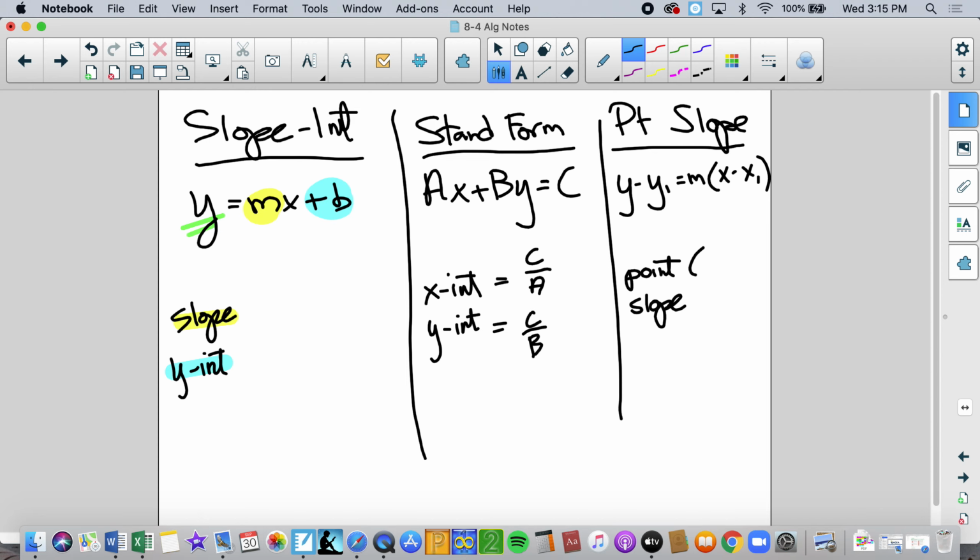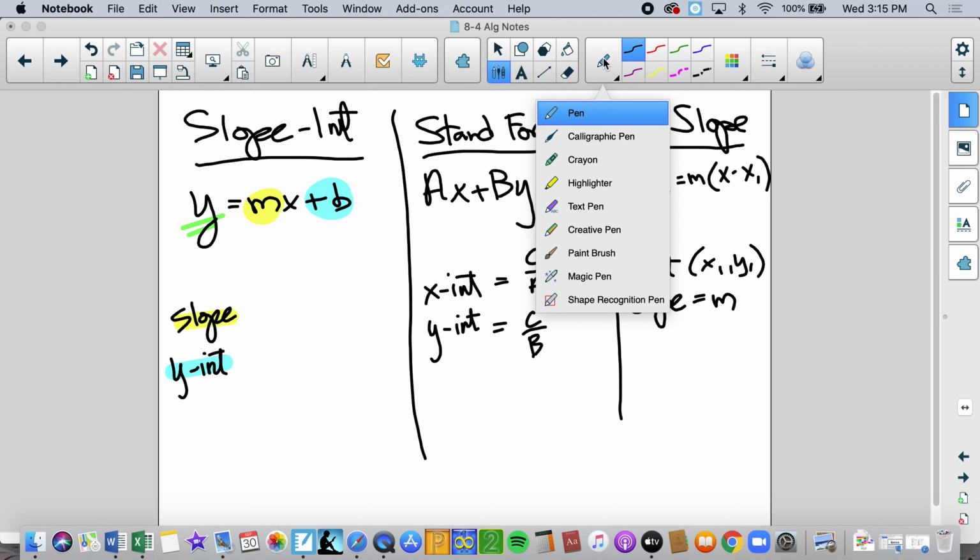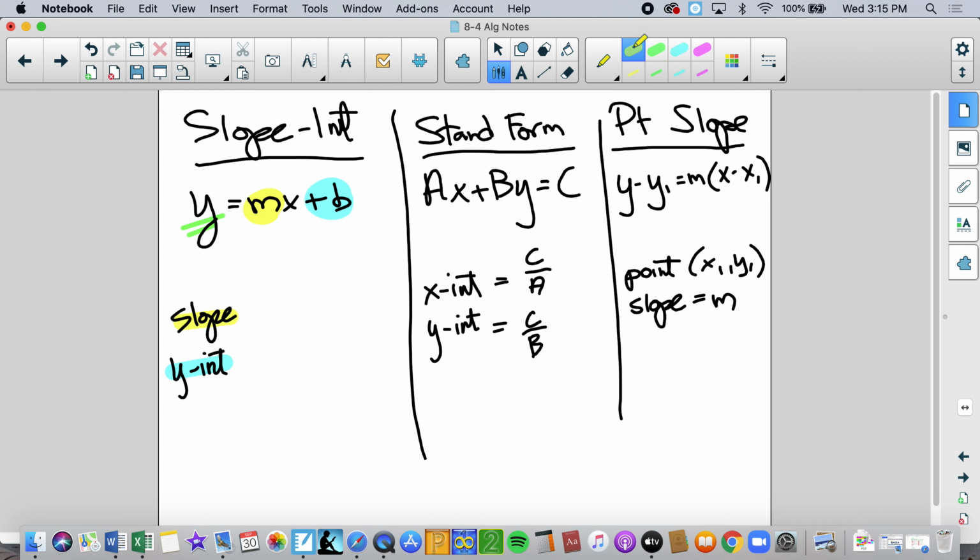the point is going to be x sub 1, y sub 1, and the slope again is going to equal m. So in this one, the slope is going to be the coefficient, and we'll use purple.